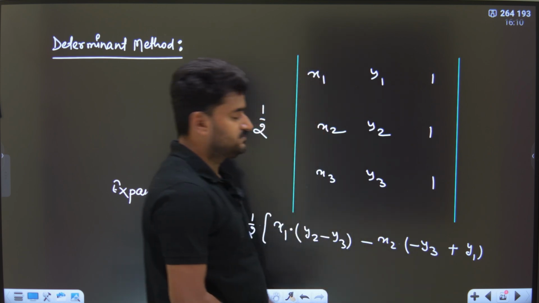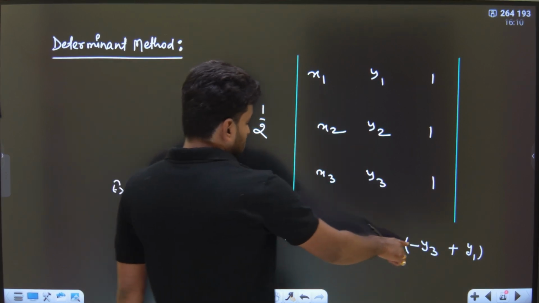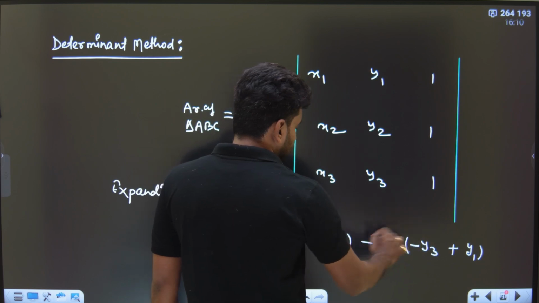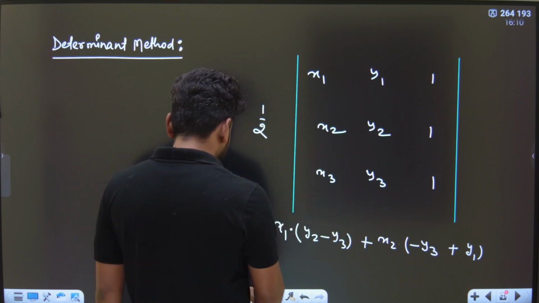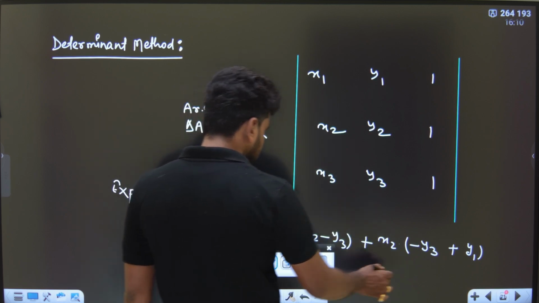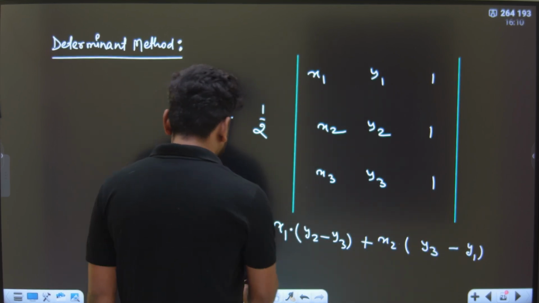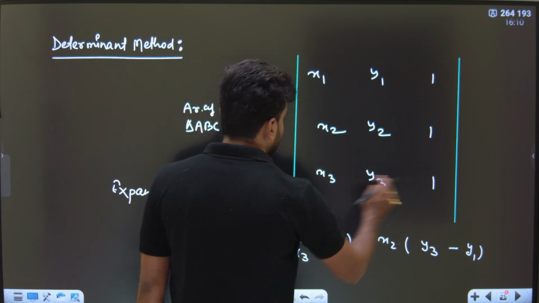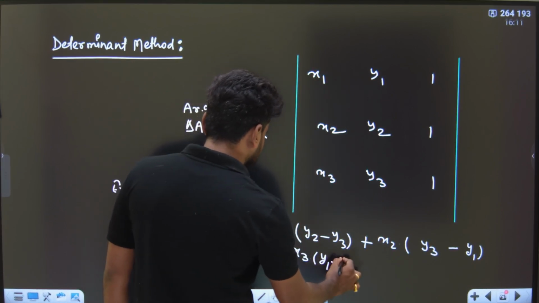But wait, here it is minus x2 and y1 minus y3. We can multiply this minus inside the bracket, and if we multiply, this will be positive and this will be negative. And then x3 into, this is deleted, y1 minus y2.